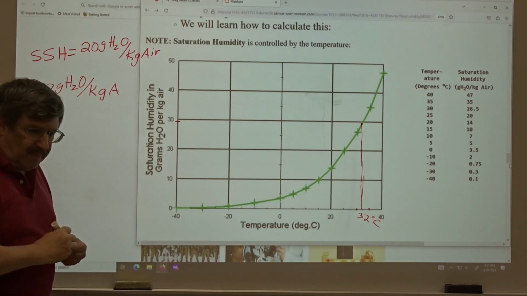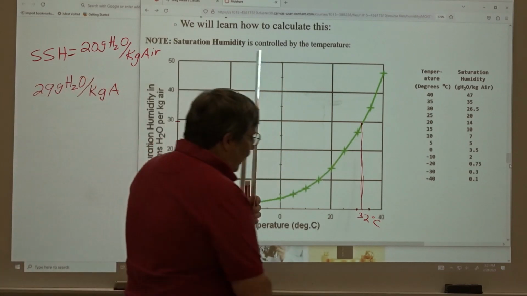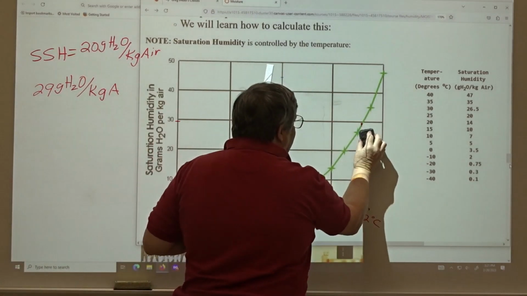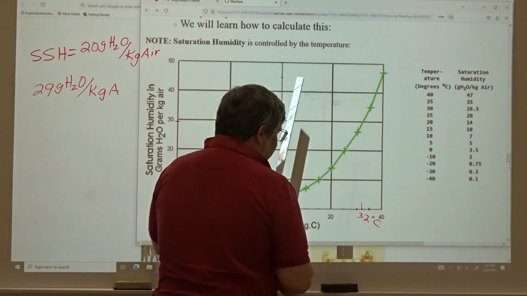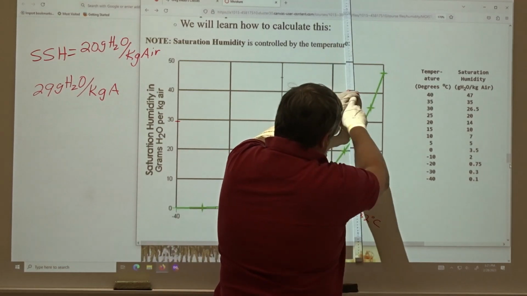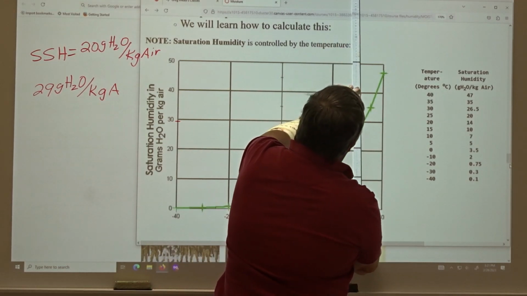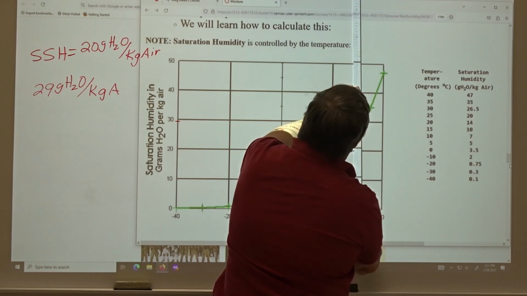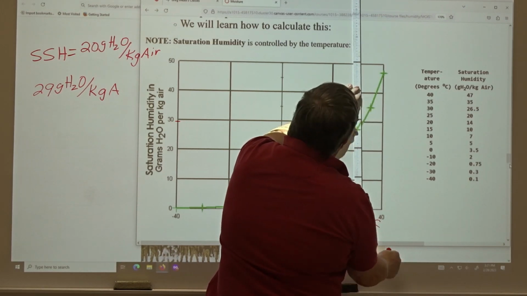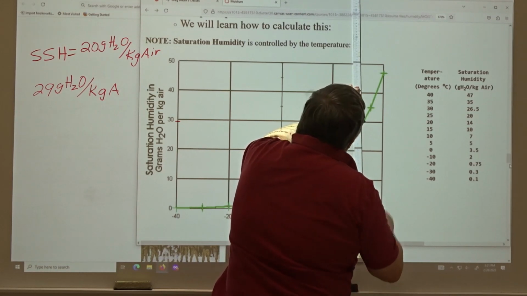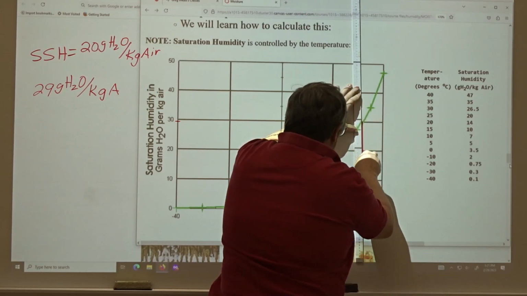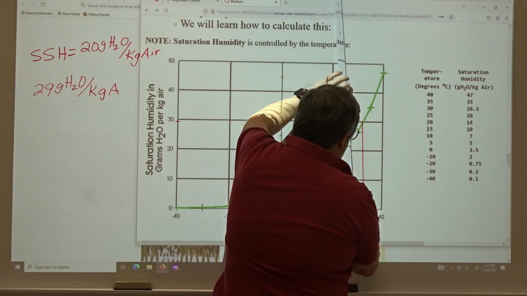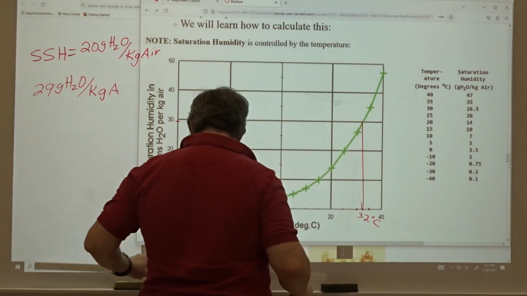If you did it a little bit more carefully, if you actually, say, used a ruler, you could even measure that distance if you wanted. You might find that it was maybe closer to 30 degrees.